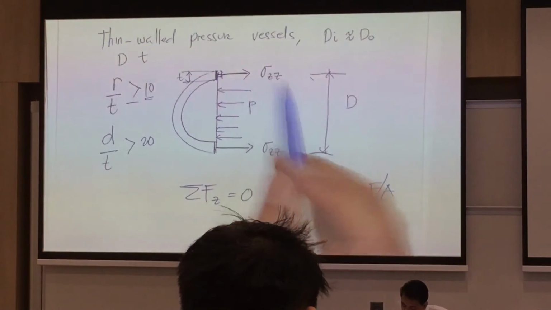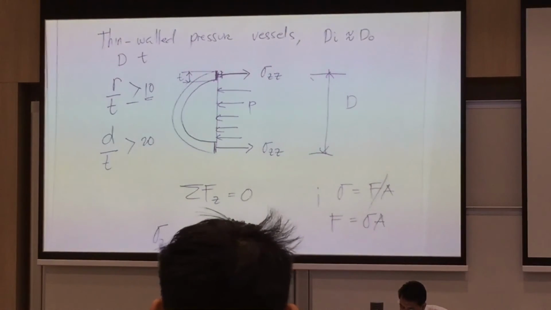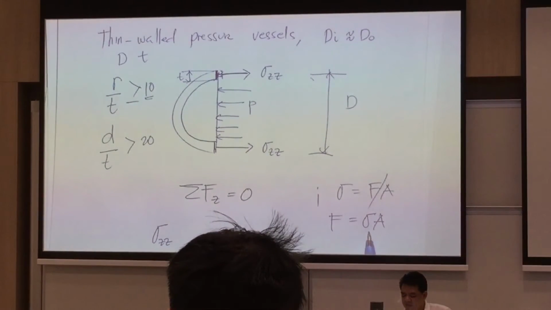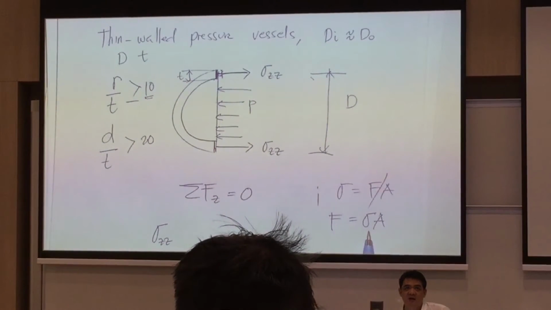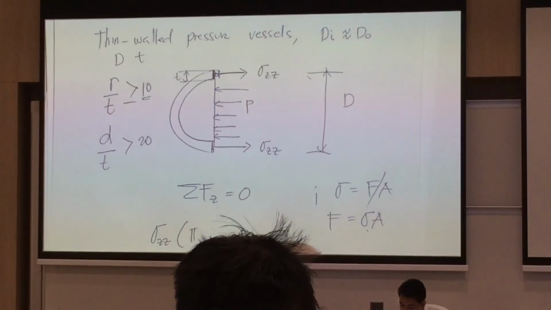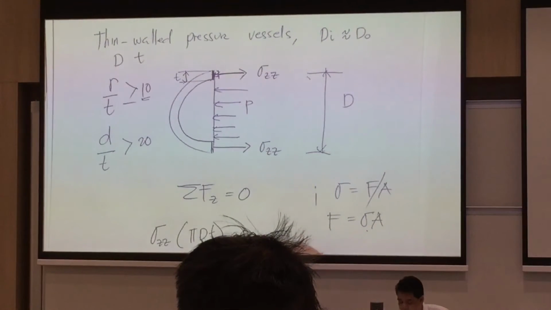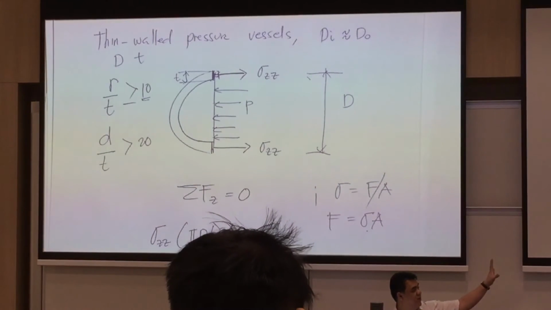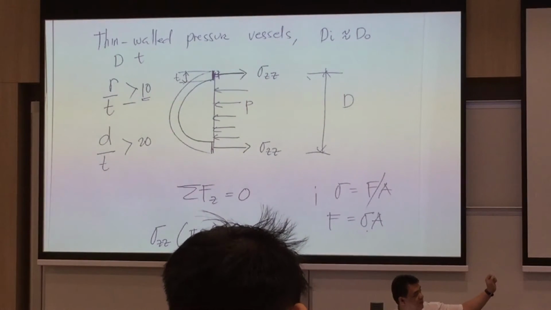So let's look at this one here. Sigma ZZ multiplied by the area it's acting upon. This one now will be pi d multiplied by the thickness, or in this case, sigma ZZ multiplied by 2 pi RT.